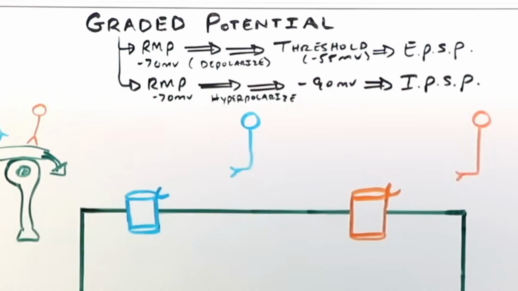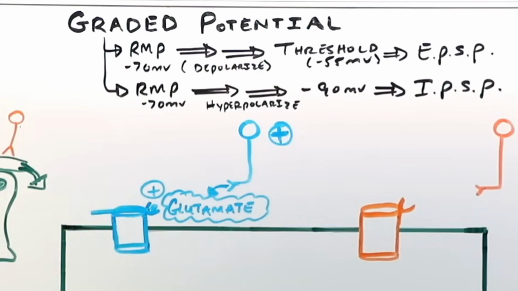What happens? So let's look at our blue chemical messenger. The most common chemical messenger is glutamate. Glutamate is sent from a neuron to the next neuron to relay the message. Glutamate is sent and is received by our neuron via its receptors, which are ligand gated ion channels.